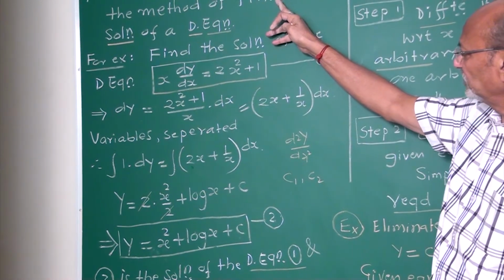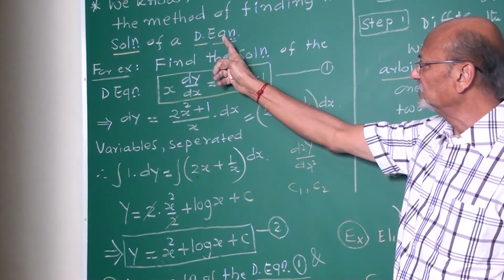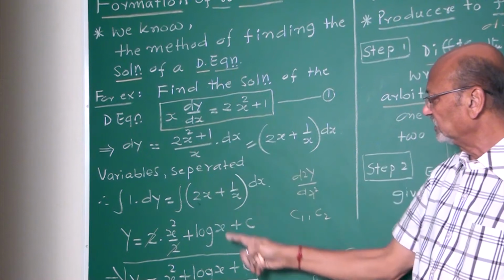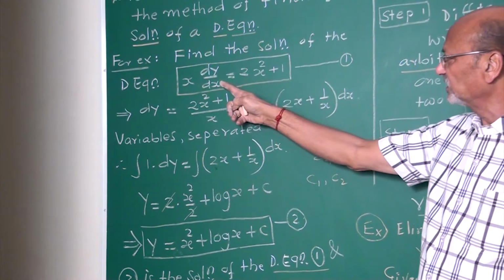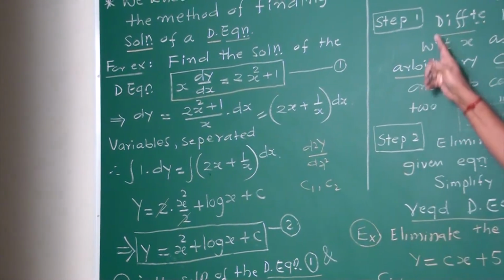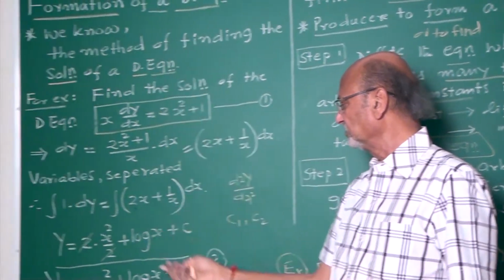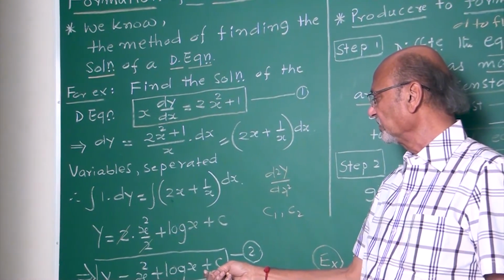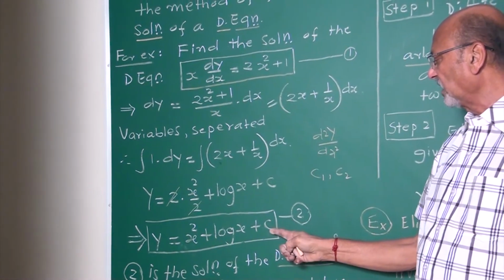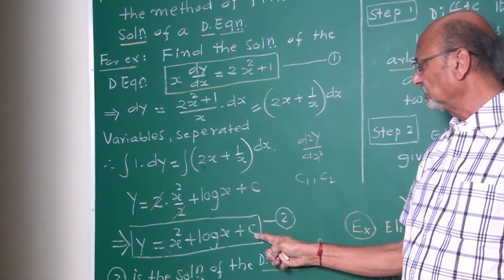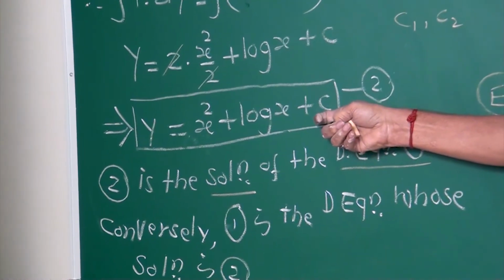This formation means we wanted what? A differential equation. What is a differential equation? It is an equation which contains the derivative. My friends, we have to go with this method. So formation means we have to differentiate what? The given solution of differential equation as many times as the number of arbitrary constants the solution contains.